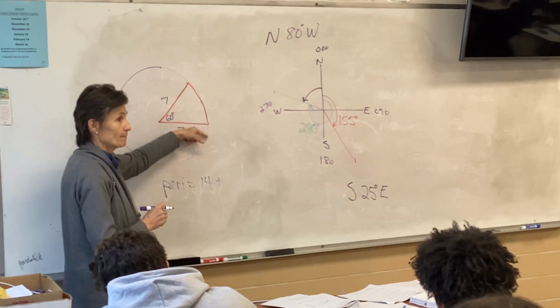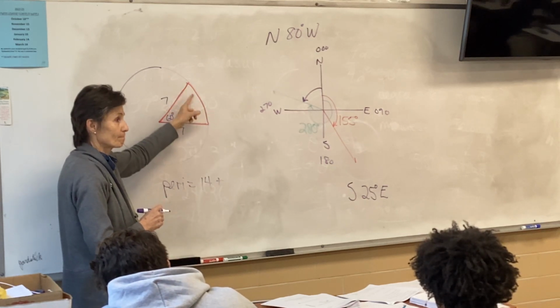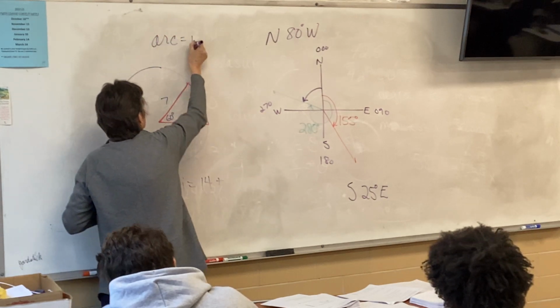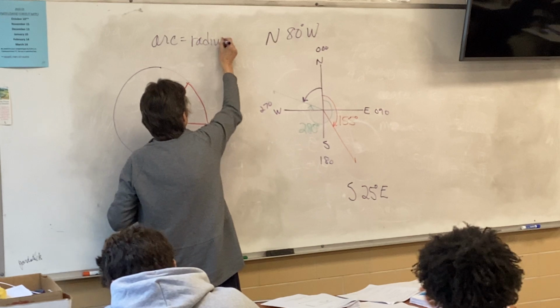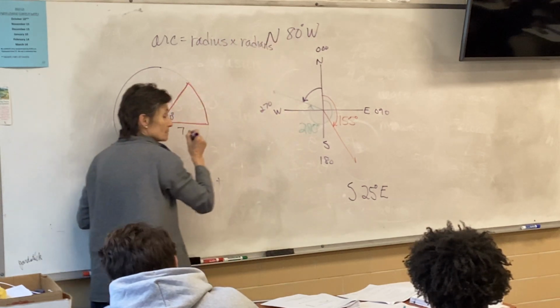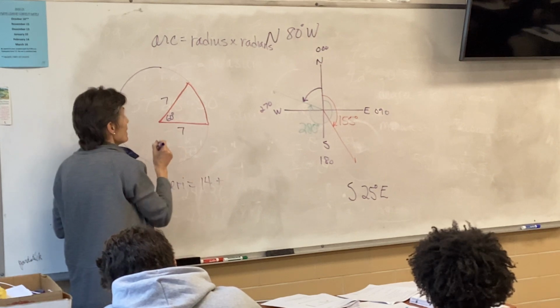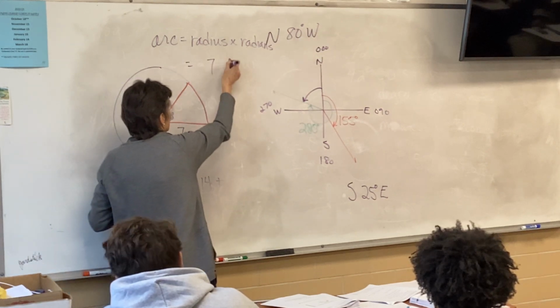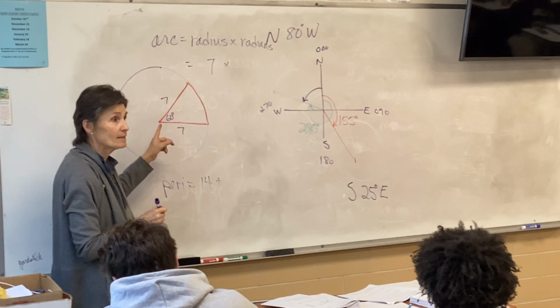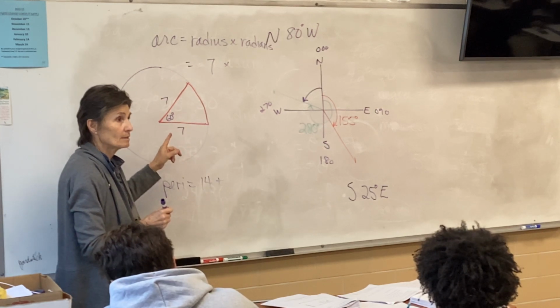This is an arc. Arc is radius times radians. The radius is 7. Please don't use 60 because that's a degree.